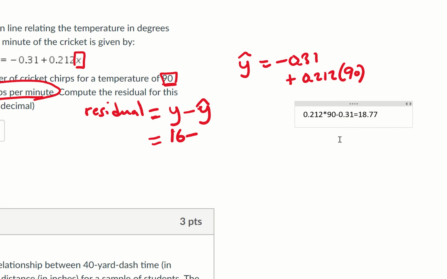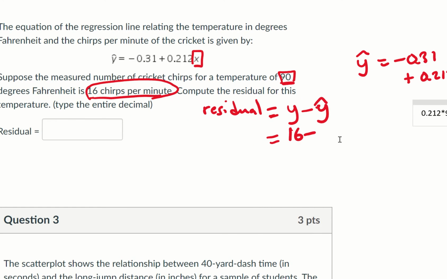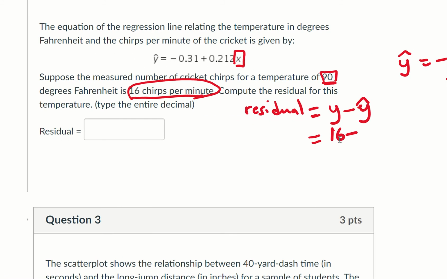So we got 18.77. So this is my predicted y value. And then when we subtract those two, we should get negative 2.77.